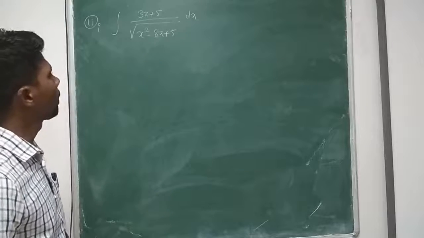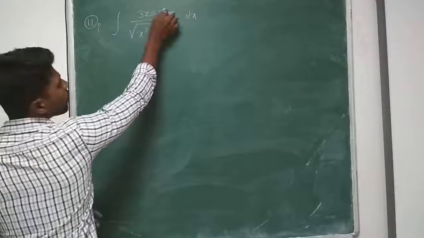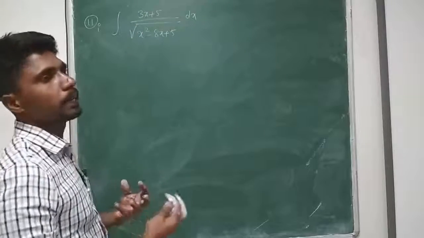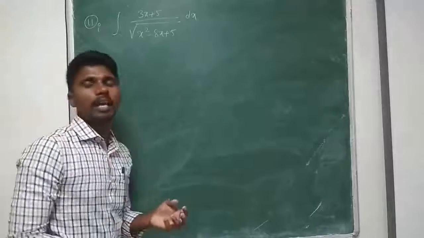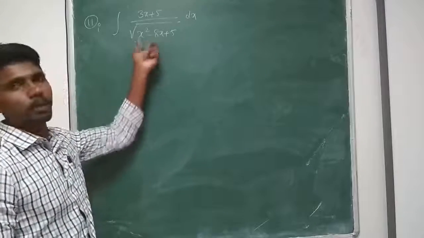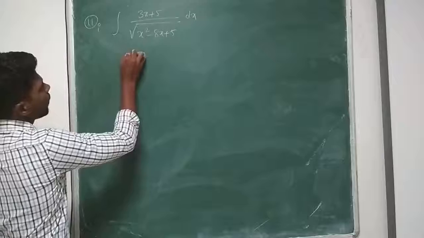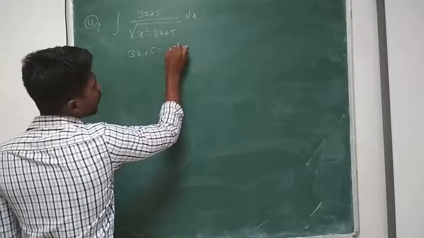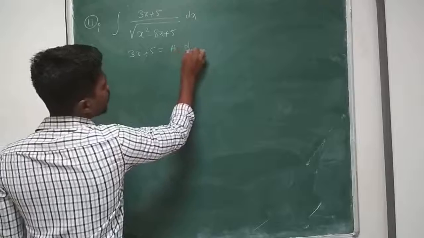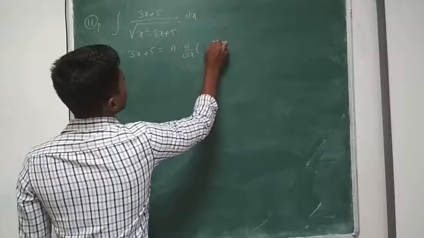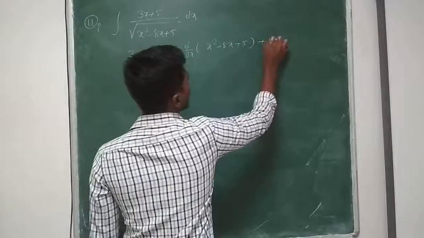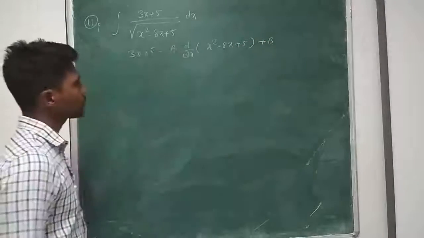So what I have to do? I have to express px plus q as a into d by dx of this one plus b. So for the purpose, 3x plus 5 can be written as a into d by dx of x square minus 8x plus 5 plus a constant b.